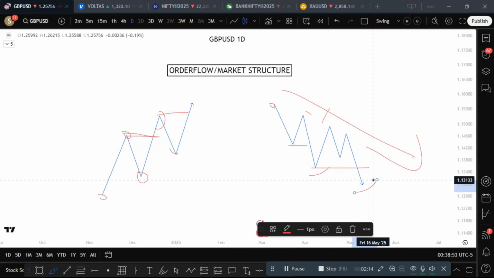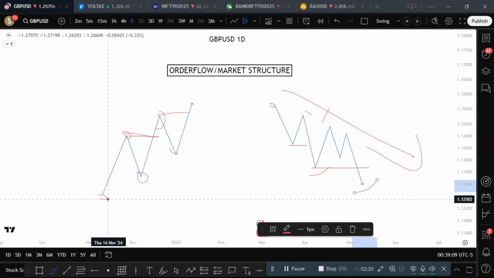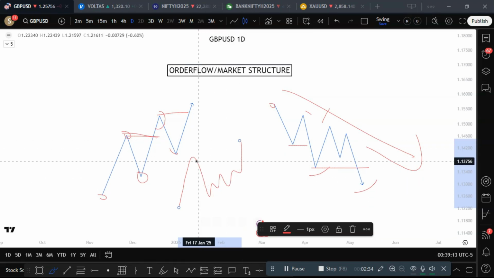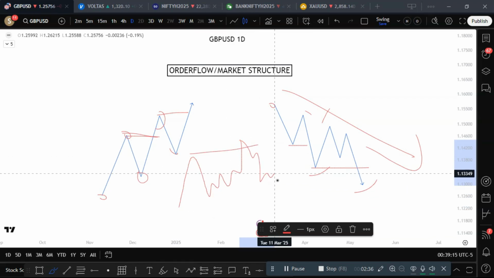So most of the people get confused when price creates swing points. They don't understand what is happening because market is not that simple. If it would be that simple, everyone would have made money, right? So we all know price move like this. It come down, it create this, and then it come down and it create this.